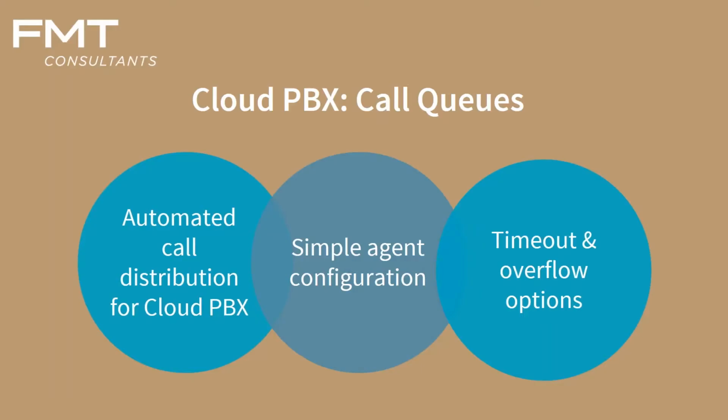The auto attendant works hand in hand with the feature known as call queues and call routing. So this is the automatic call distribution within Cloud PBX. This is also where the music on hold would be leveraged in addition to the auto attendant.